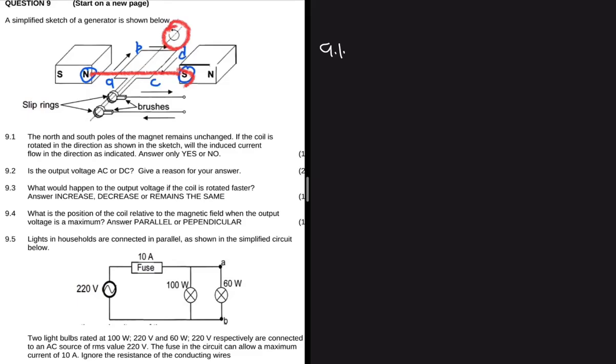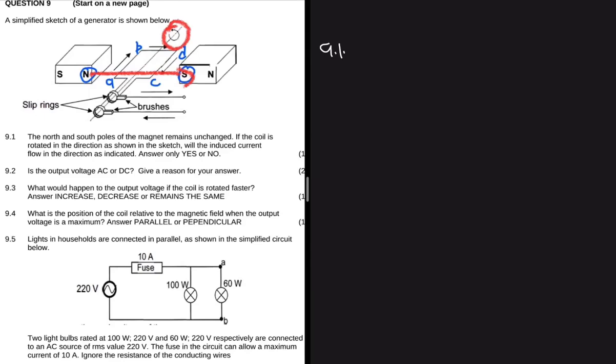When you're rotating the coil anti-clockwise, CD is going up, right? And then AB is going down. So with your thumb, you decide which side you are taking. If you take CD, then your thumb must face up and your index finger should go from north to south. Let's take CD.